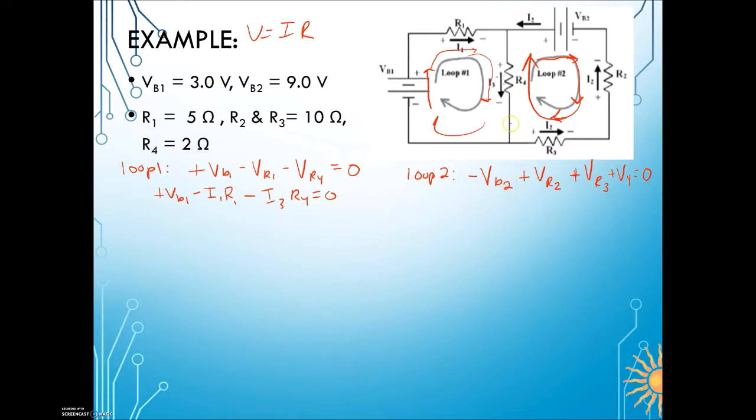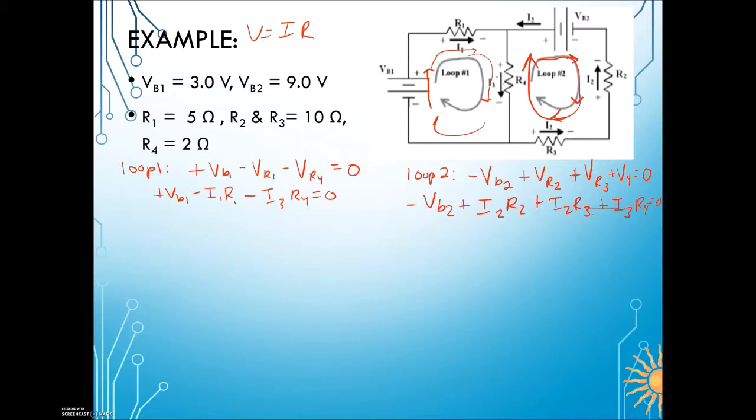And in loop 2, I have my negative voltage at B2 plus the current going through R2, which I called I2, plus the current that goes through R3, which is also I2, plus the current going through R4, which is I3. And that equals 0.